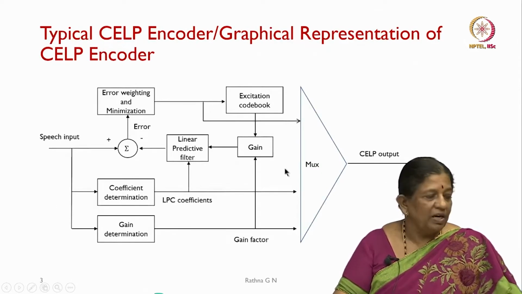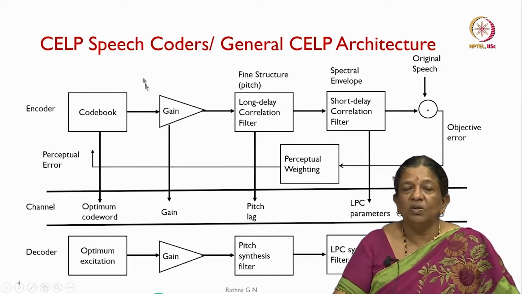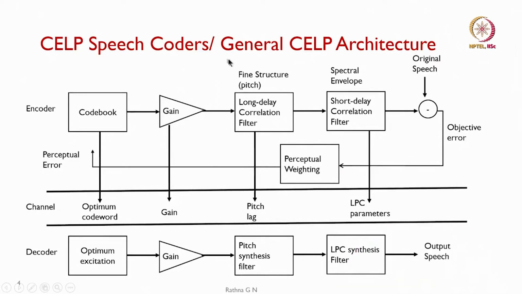Coming to the coders, this is what the general CELP architecture looks like. The encoder is on the sender side. We have the codebook, and we feed into it the perceptual error coming from the weighting filter, and based on it you calculate your gain.